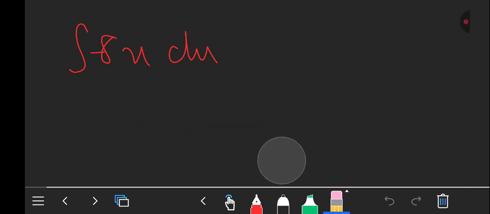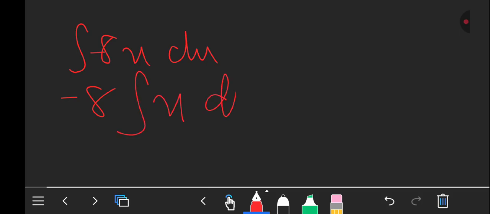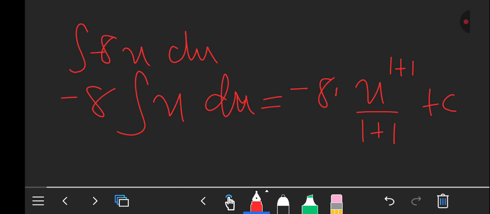Okay, so what we can do now, we can remove negative 8 out, then we integrate u with respect to u. So negative 8 multiplied by u. It has a power of 1, so 1 plus 1 over 1 plus 1, then plus c. Then negative 8 u to the power 2 over 2, then plus c.